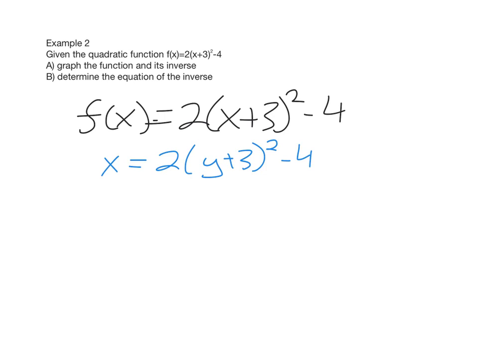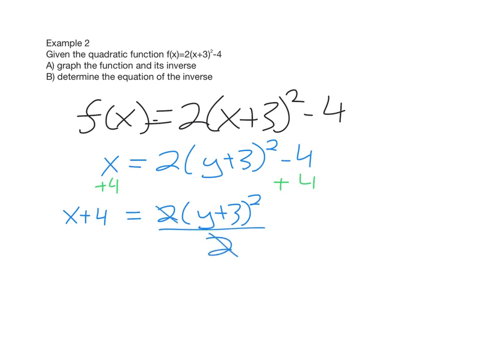So to isolate, we're going to add 4 to both sides, giving us x + 4 = 2(y + 3)². We'll then divide both sides by 2. And now we're dealing with (x + 4)/2 = (y + 3)².